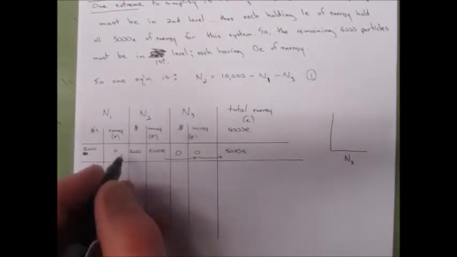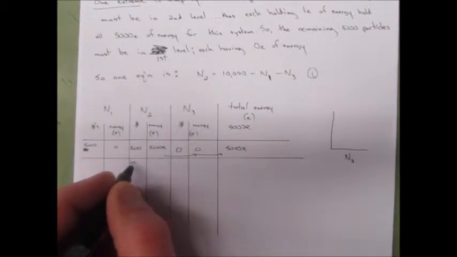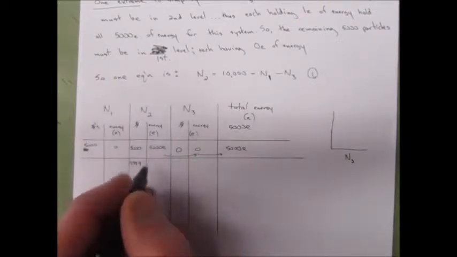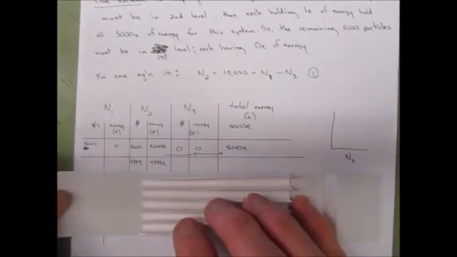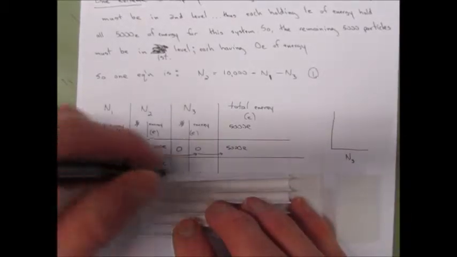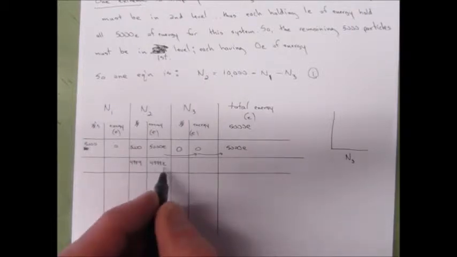So what if I said, let's take 1 away from this. Let's say you have 4999 numbers in the second. That means you have this many units of energy, right? Let's watch what happens. Well, I take 1 away from here, and it's given up 1 unit of energy. So here's the problem.